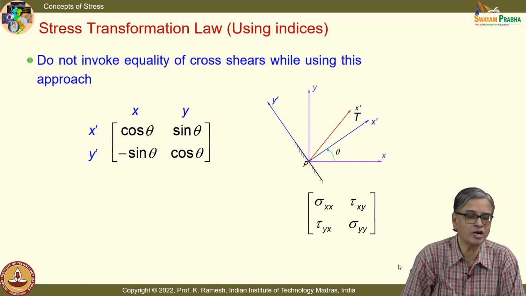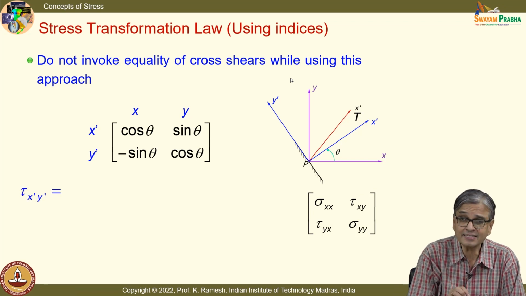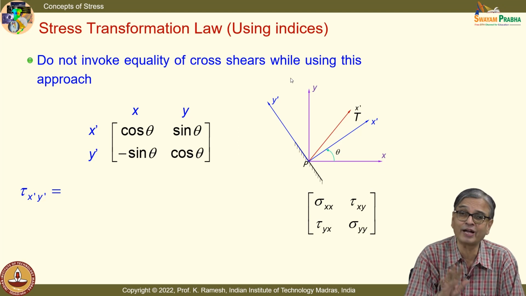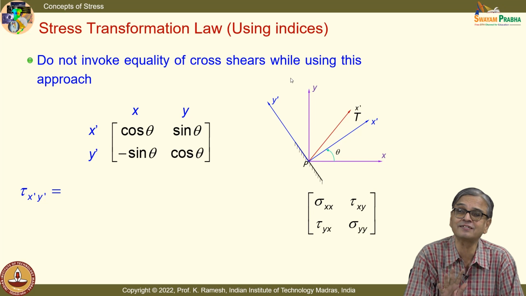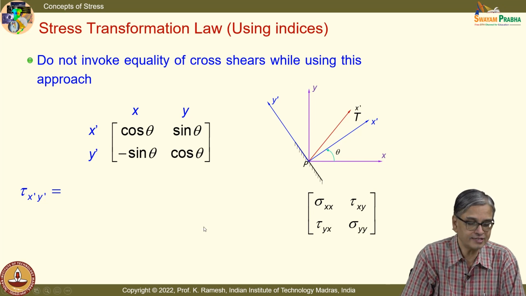So, do not invoke equality of cross shears while using this approach, that is very important. In this expression for tau x prime y prime, you will understand why I want tau xy as well as tau yx. Their multiplication factors will be different. Fine. So, when I use these indices, you will have to do this.